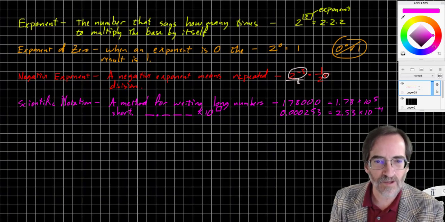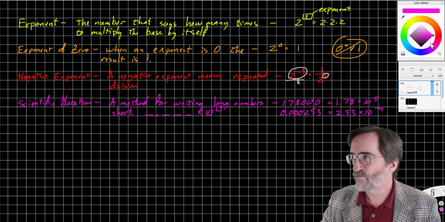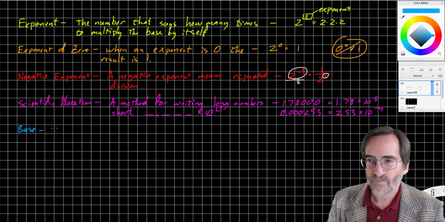Lesson 3, multiplying powers of the same base. Let's see what keywords there were. Oh, there's a few. And there's some repeats, so if a word appears twice in a list, you do not need to define it twice. Okay, base. We use the word base here.